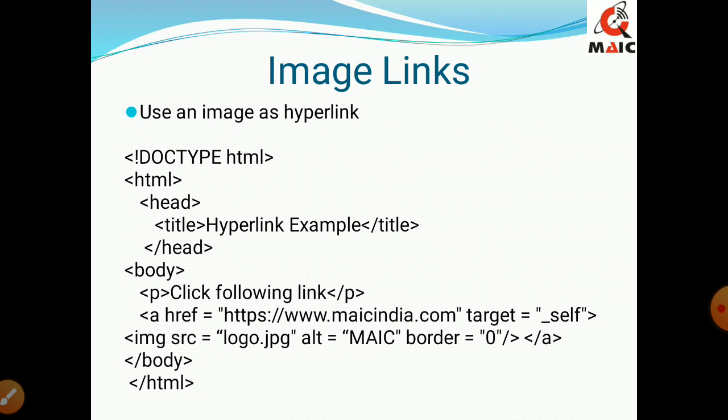If by chance the browser is not able to get this logo.jpg, the alternative text that will be displayed instead of the image will be Mac, and border is set to 0. So this is the way by which we can even do links using image in HTML document.